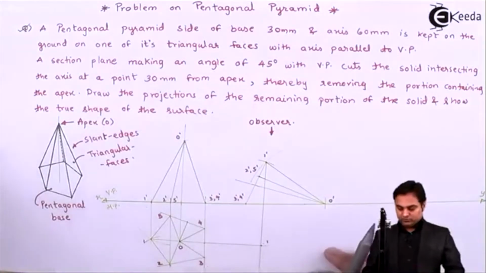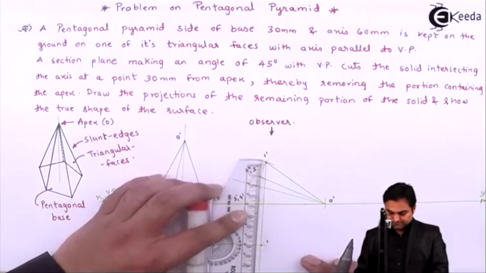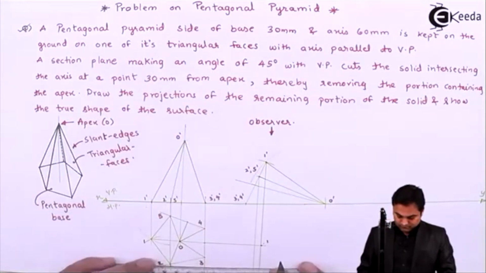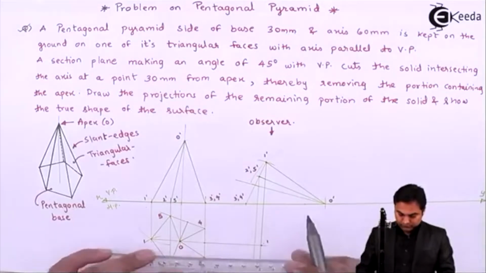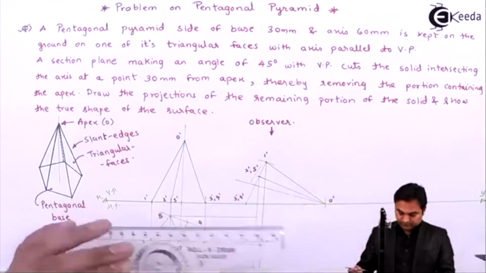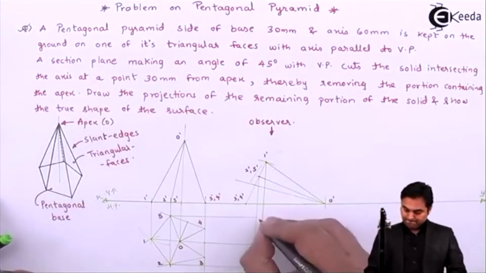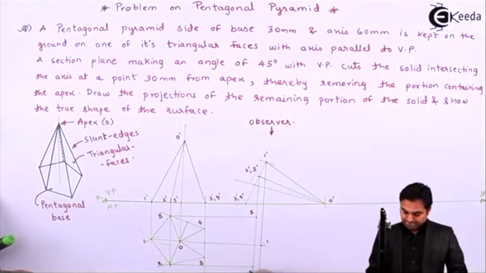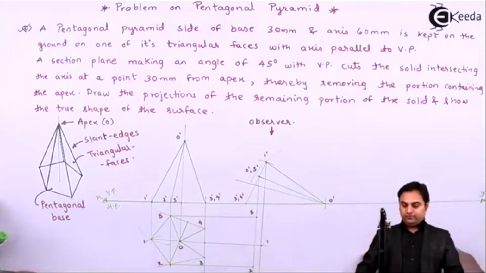Then 2 and 5 is closer to observer, point 2 and 5. Then 3 and 4.